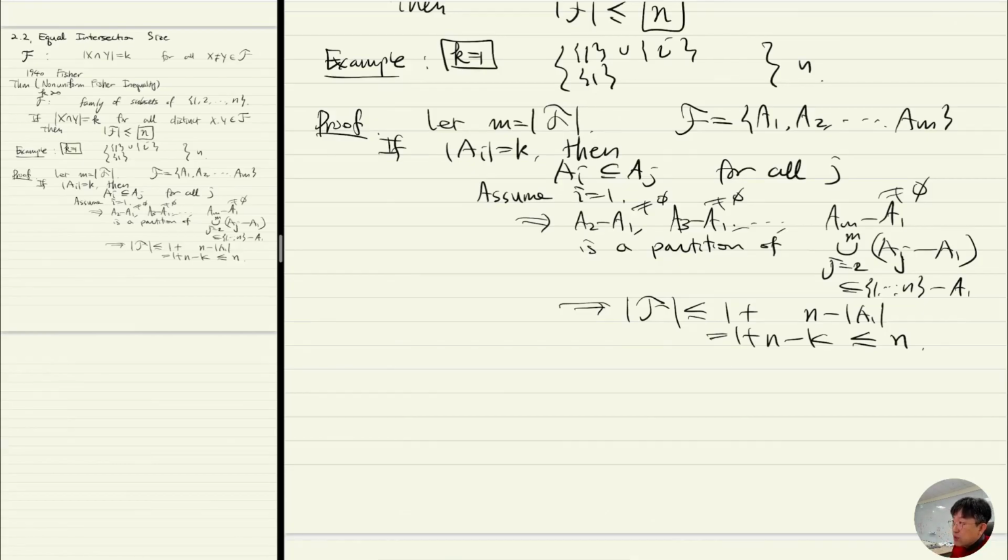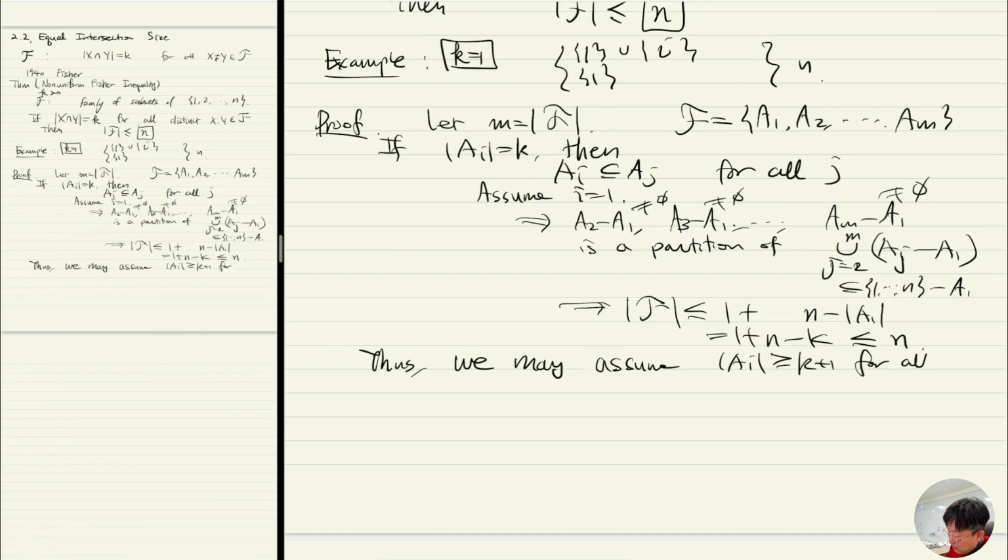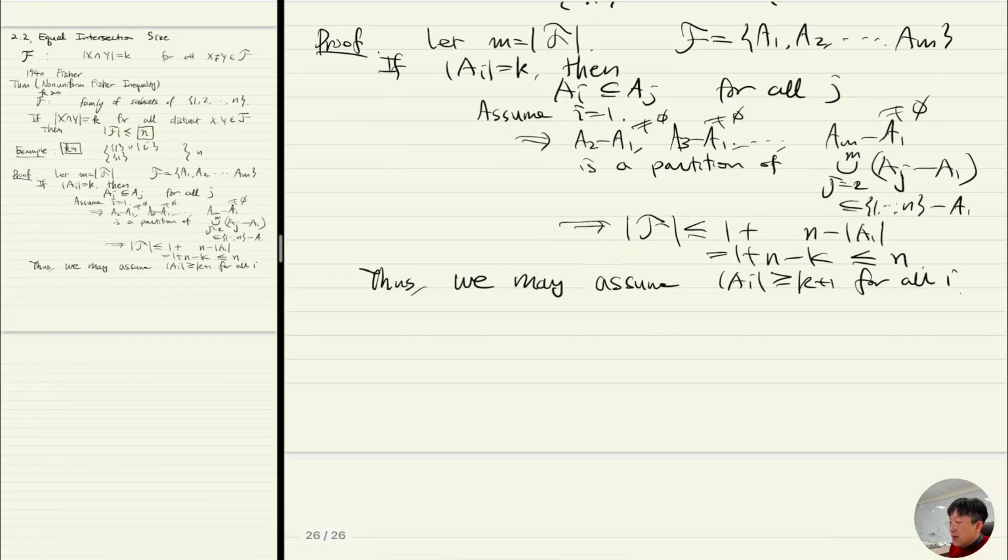So from now on, we can assume that everyone has more than k elements. We may assume A_i has at least k plus 1 elements for all i. Now we're going to construct a matrix.